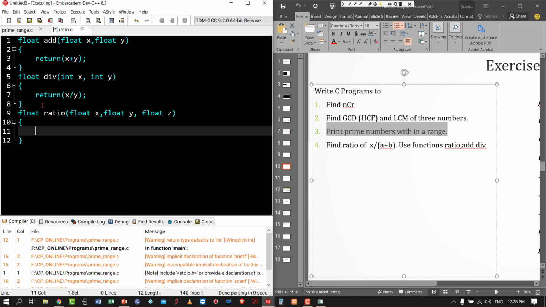So first I have to add a and b. A and b means the first two parameters. Add x comma y. Then I have to perform division. Div.